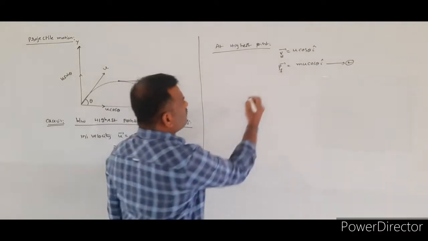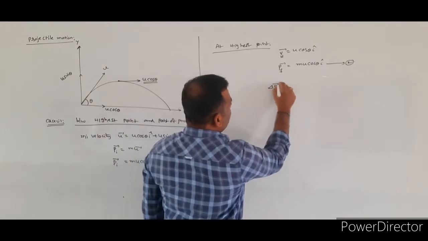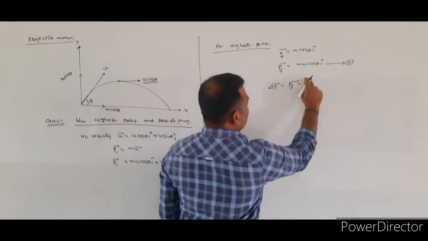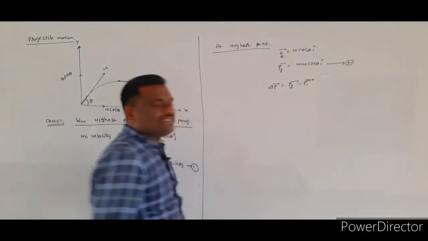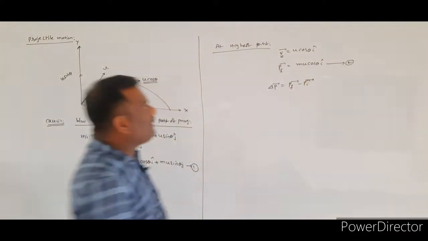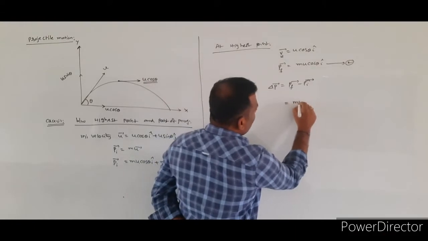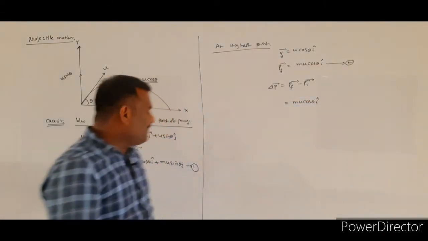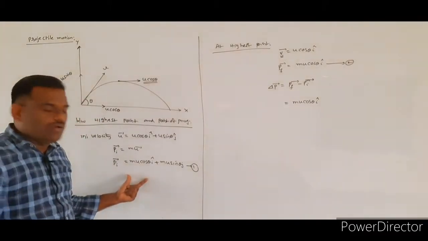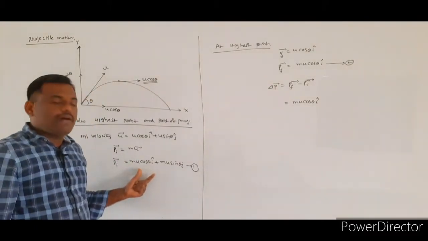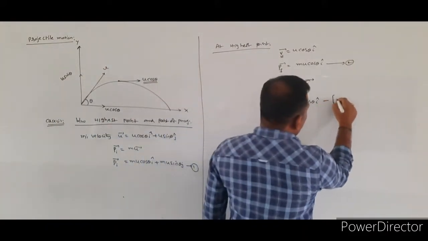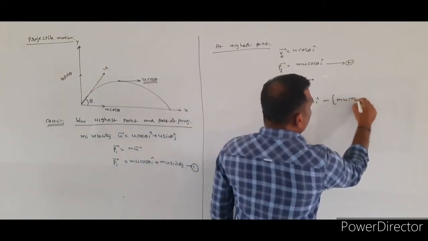Change in momentum delta p bar is equal to p final bar minus p initial bar. The final momentum is mu cos theta i cap, minus the initial momentum, which is mu cos theta i cap + mu sin theta j cap. Simply substitute the values of the initial momentum.